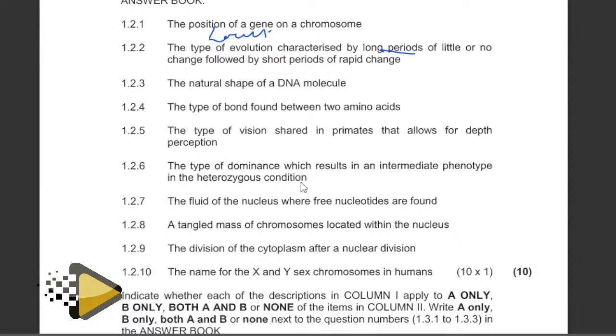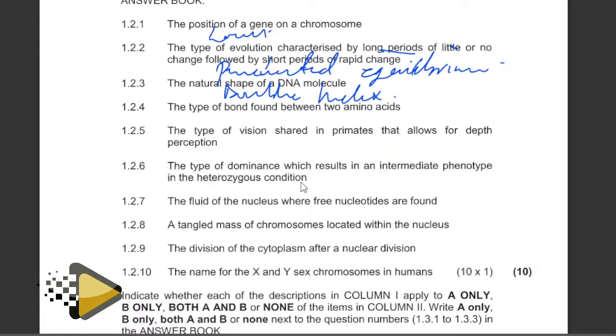We talked about this yesterday. Punctuated equilibrium. Yes, punctuated equilibrium. Then they're saying the natural shape of DNA, yes, we talked about it yesterday, and we say that it is double helix.